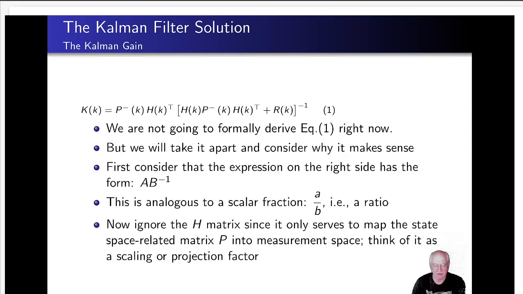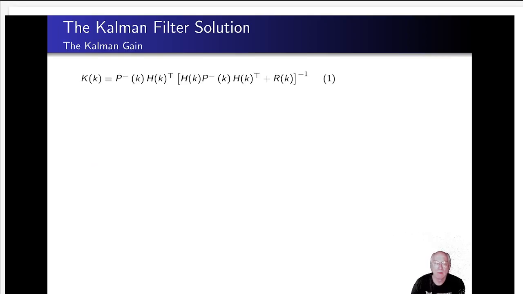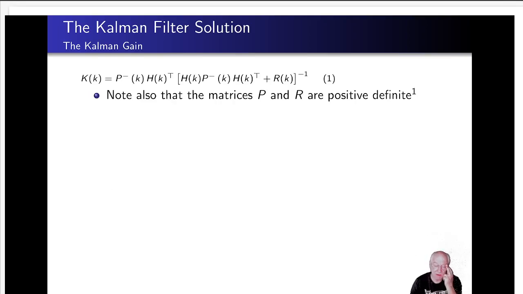Think of it as just a scaling or projection factor. And like I said, just think of it as being the identity matrix for now. Then you'll notice that the matrices P and R are positive definite. Strictly speaking, the covariance matrices only need to be positive semi-definite, but we'll ignore that for now.